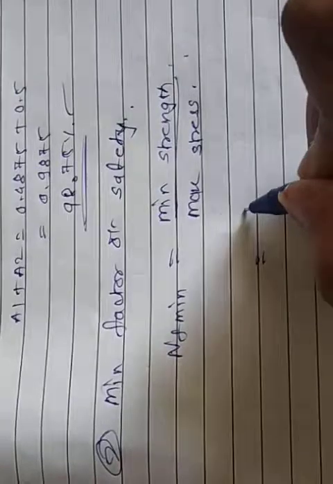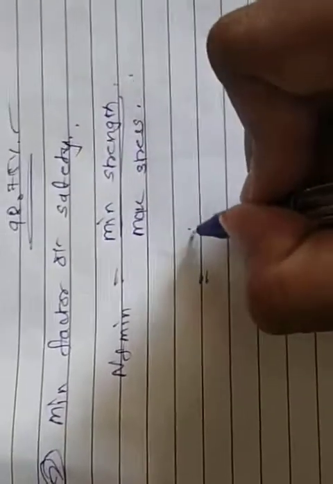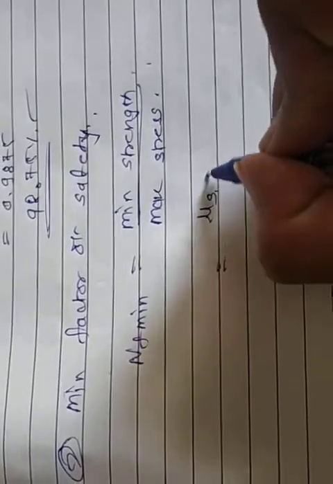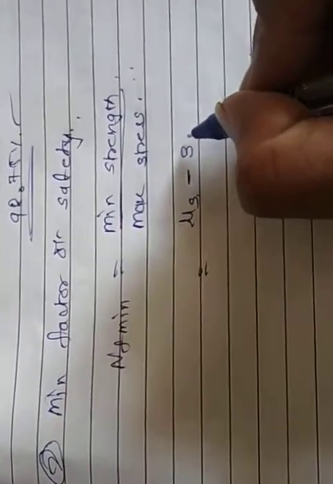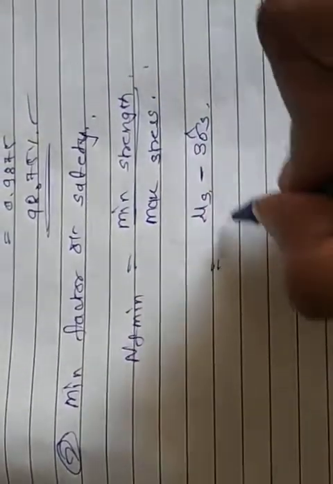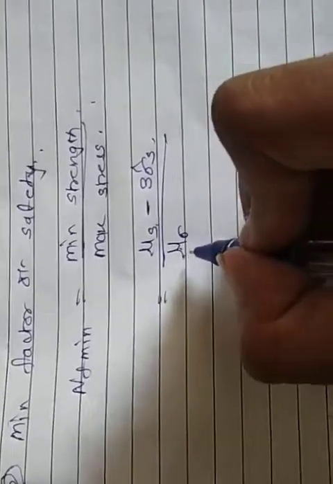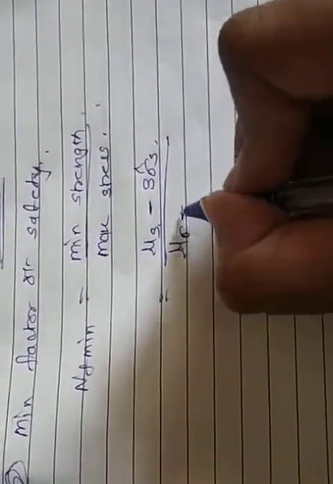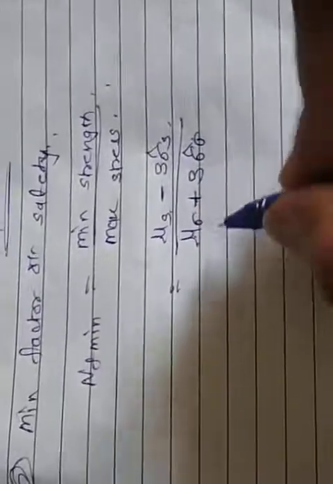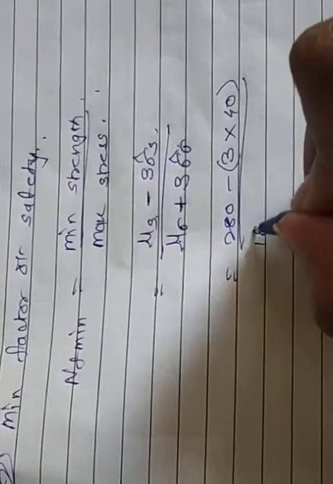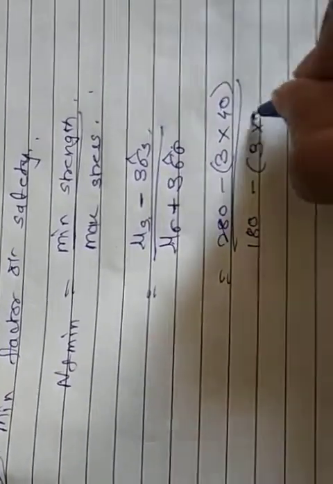The minimum strength is the mean strength mu s minus 3 times the standard deviation of the strength, divided by mu sigma, the mean stress, plus 3 times the standard deviation of the stress. So we just enter the values: 280 minus 3 times 40, divided by 180 plus 3 times 20.